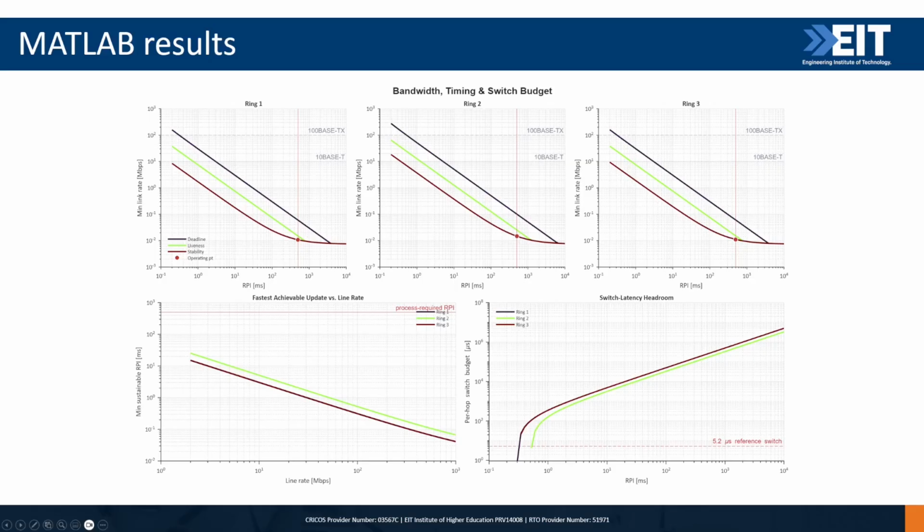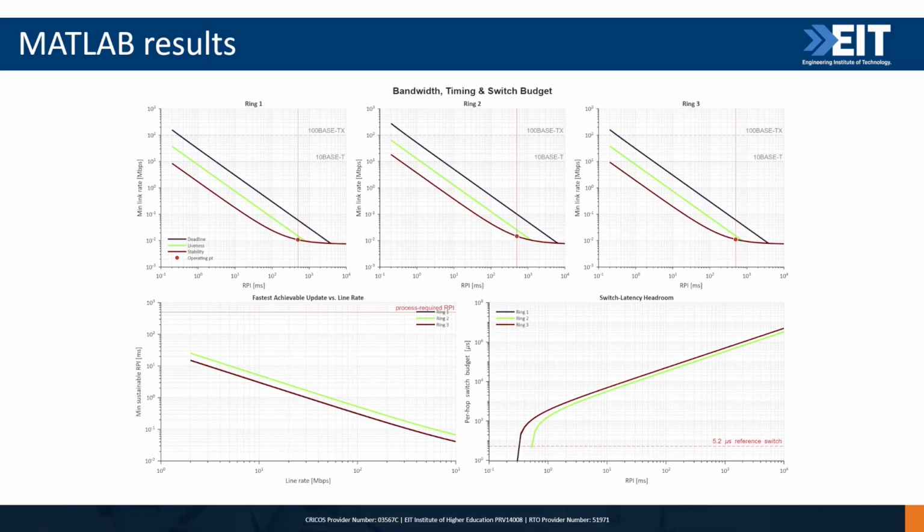In the bottom left, I swept for the minimum sustainable RPI, and the results were all far below the required RPI, which is shown in the horizontal red line.